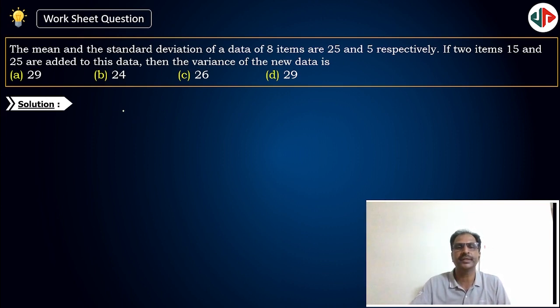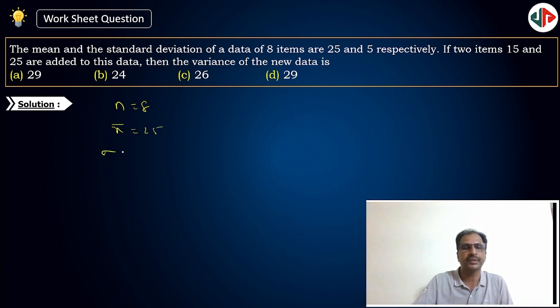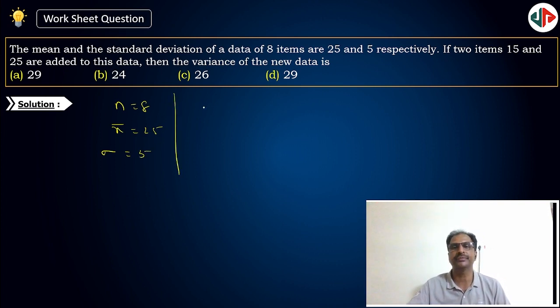Next. Mean and standard deviation of data with 8 items. N is 8, the mean is given as 25, and the standard deviation is given as 5. Now, if two items, 15 and 25, are added, so the number of observations becomes 10, then what is the variance of the new data?